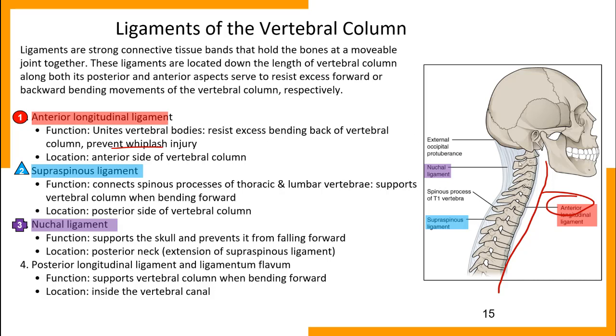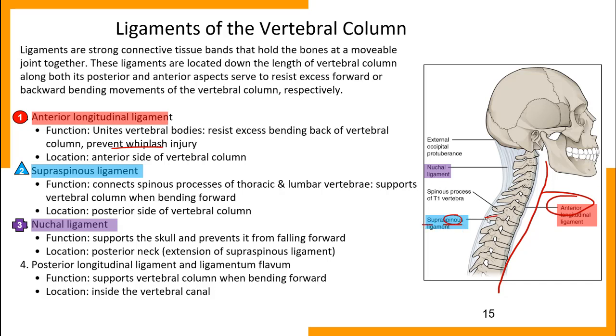Like if you were in a car accident, and to resist excess bending back of the vertebral column. So if you tip your head backwards, the reason why your head doesn't overextend is because you've got the anterior longitudinal ligament. The second ligament is the supraspinous ligament.